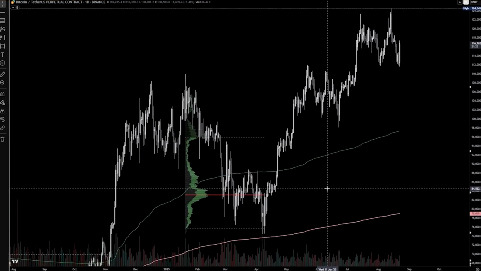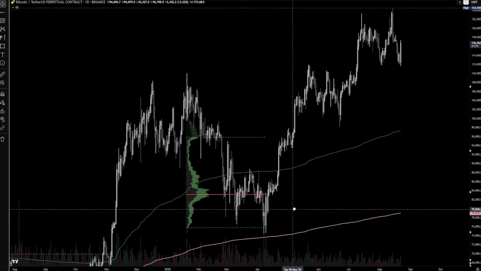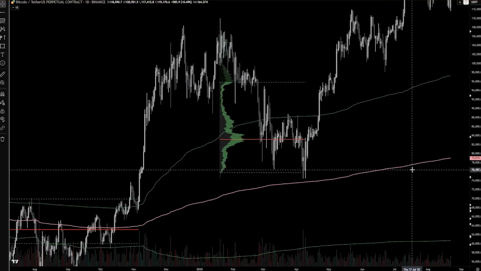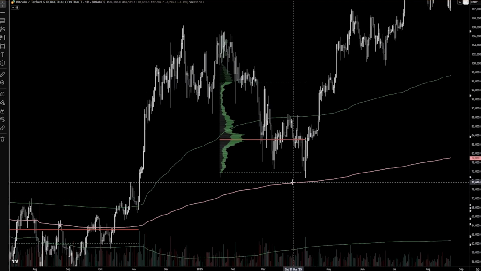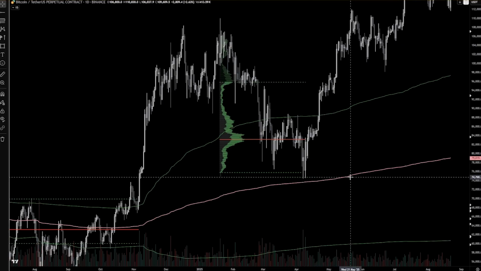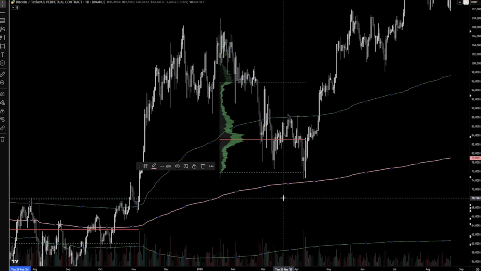Interesting. Oh, look at that anchor VWAP, by the way. That's pretty cool. Let's get that out of here.